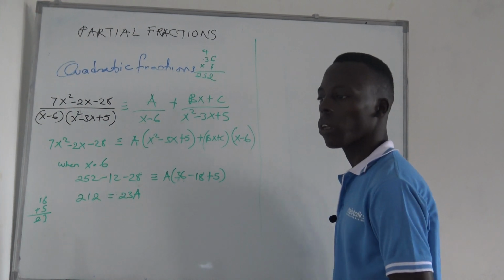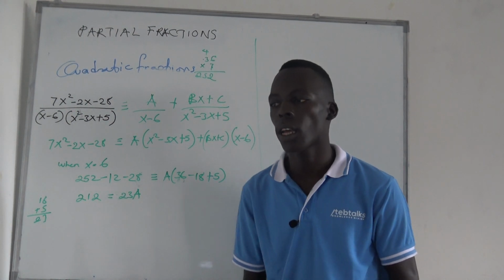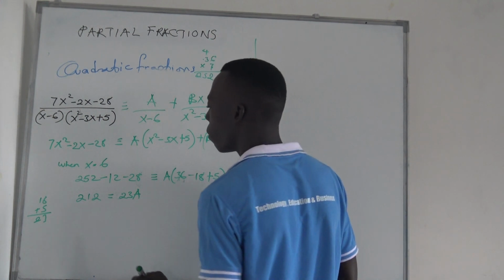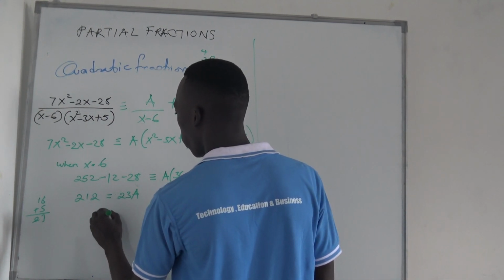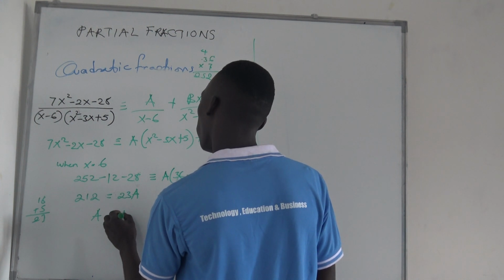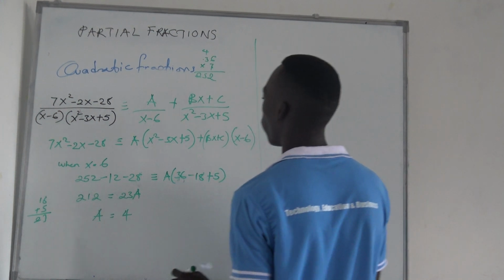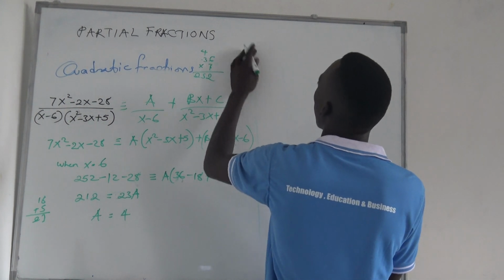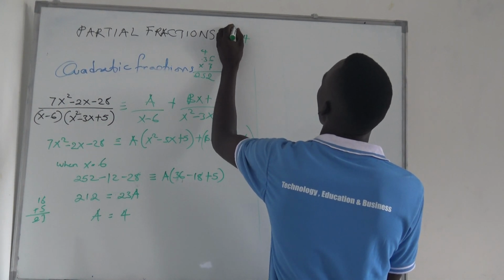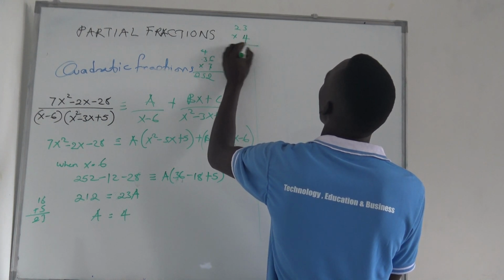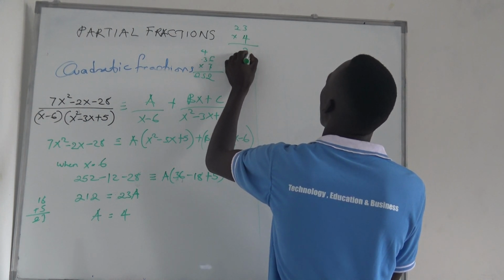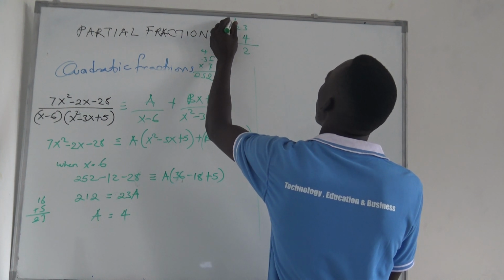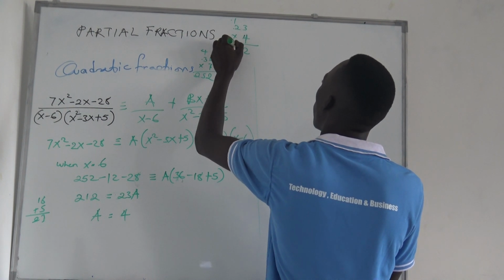That is what we have after substituting. When you try to divide here and you find that A is 4, let us see. 4 times 23 becomes 92.